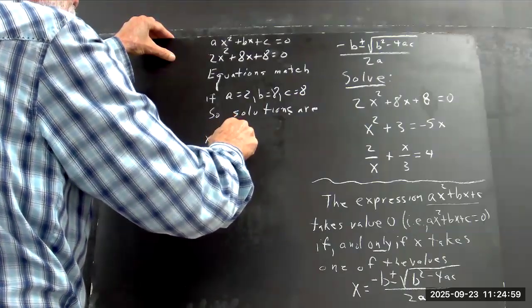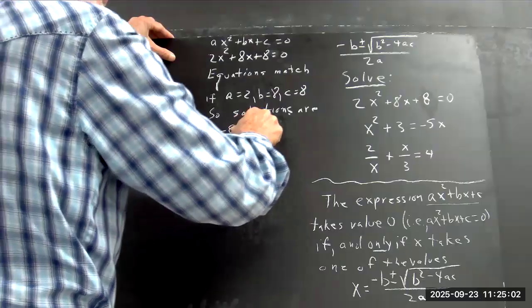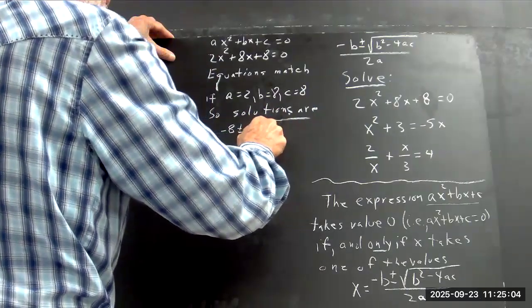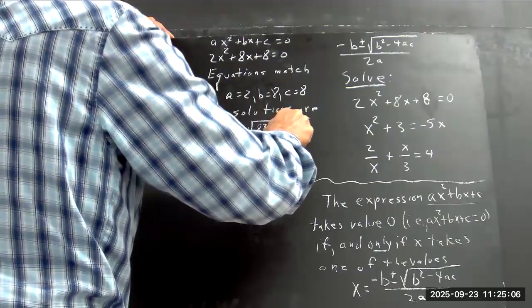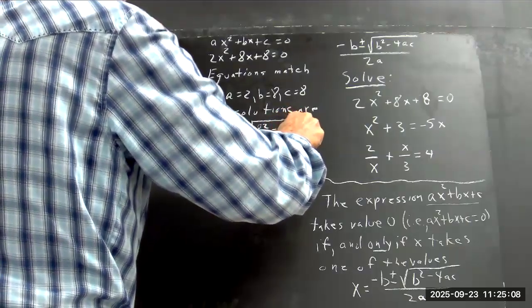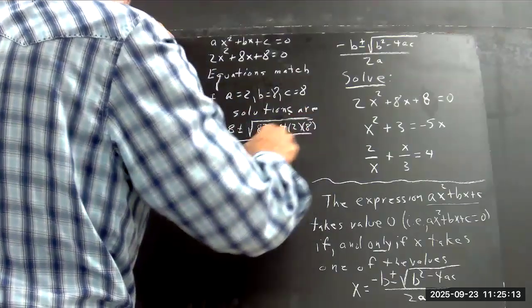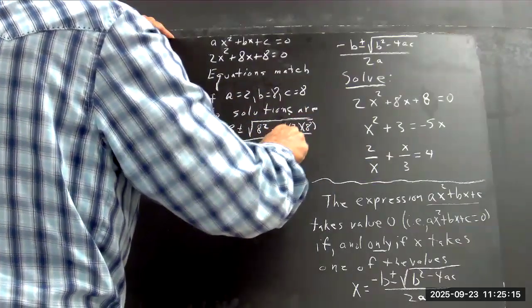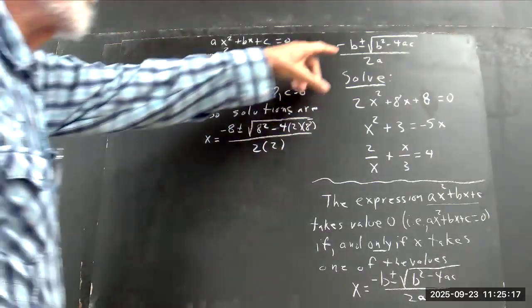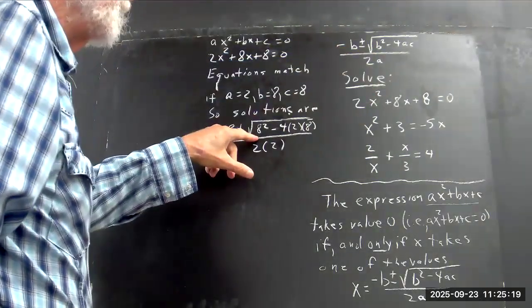negative 8 plus or minus the square root of 8 squared minus 4 times 2 times 8, all divided by 2 times 2, where I've just replaced all the b's by 8.